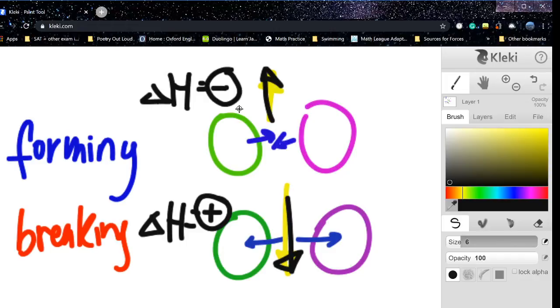But in order to simplify it, we're just going to say forming and breaking one bond. But in reality, it's much more complicated. So we call reactions that have a net delta H that is negative exothermic.